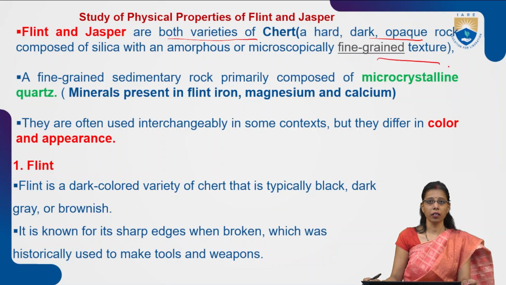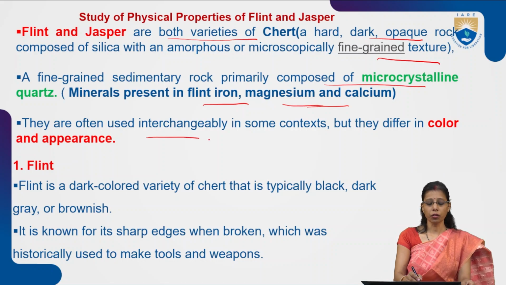It's a fine-grained sedimentary rock primarily composed of microcrystalline quartz, and the minerals present are iron, magnesium and calcium. These are the minerals present in these two types of rocks.